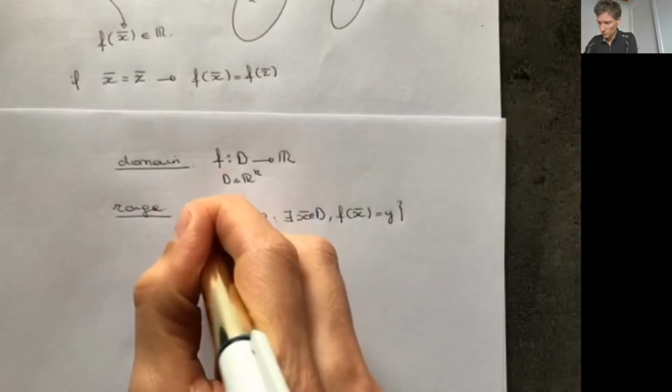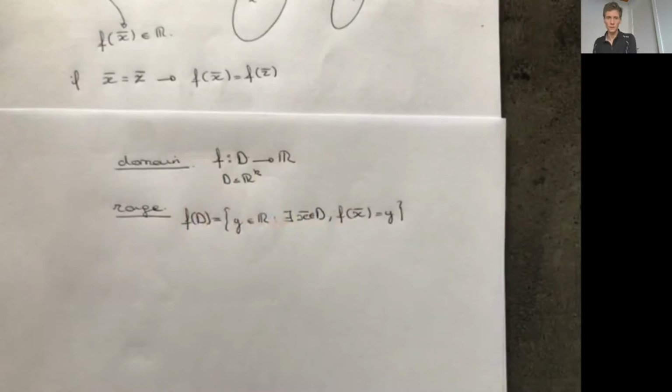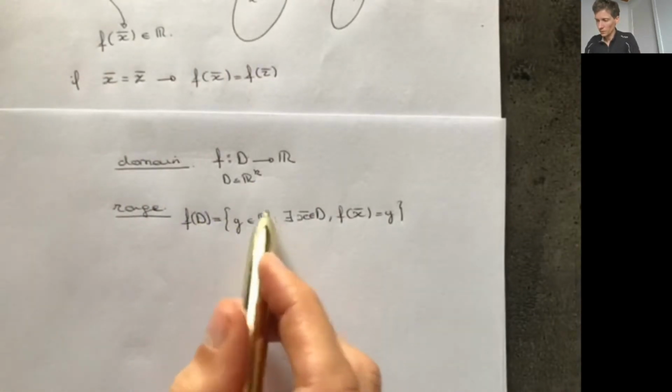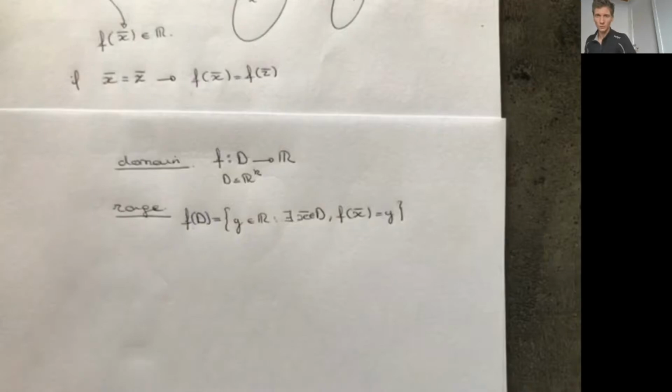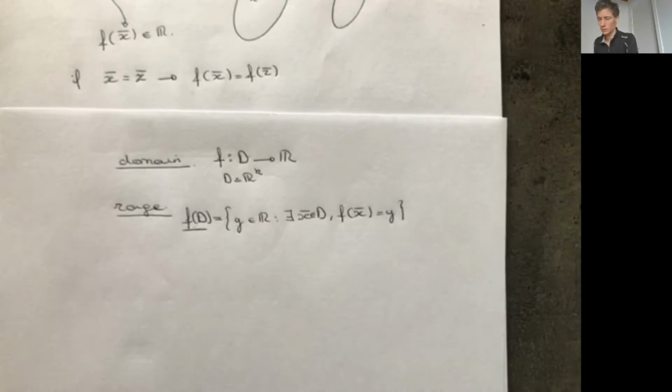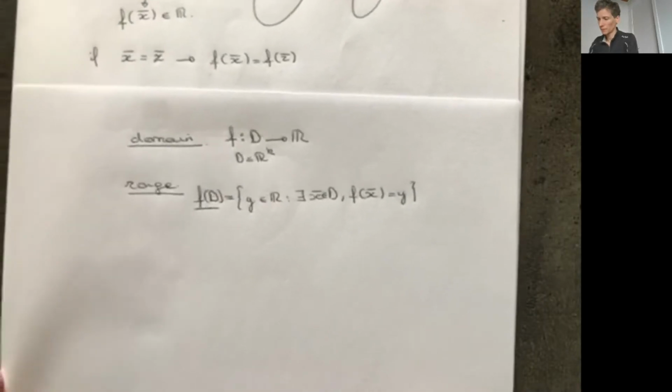You also denote this by f of big D. So if you put the domain inside the function, ranging over all the elements in D, then all the numbers that you can get out of it is equal to f of D. This is a bit of an abuse of notation, but this is normally how we write down the range of a function.